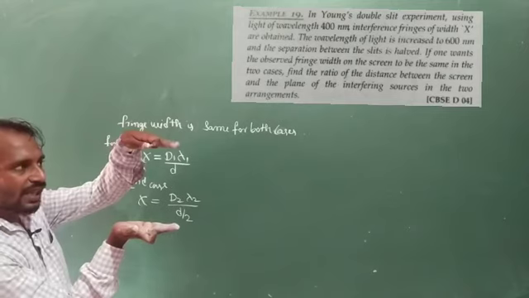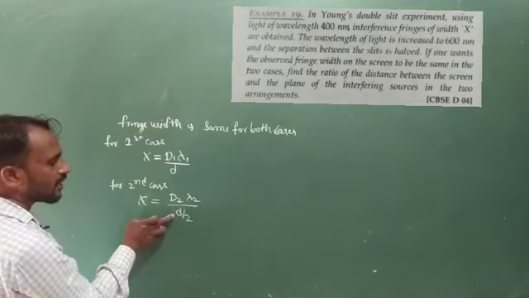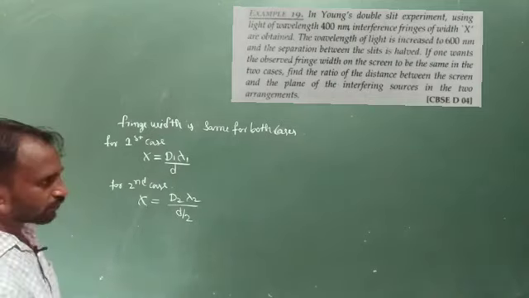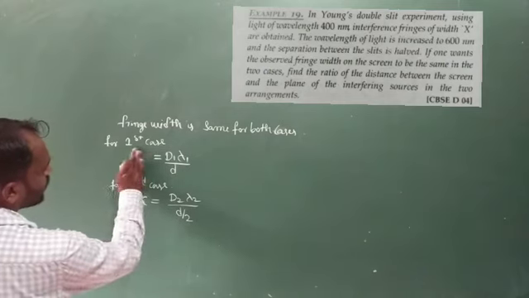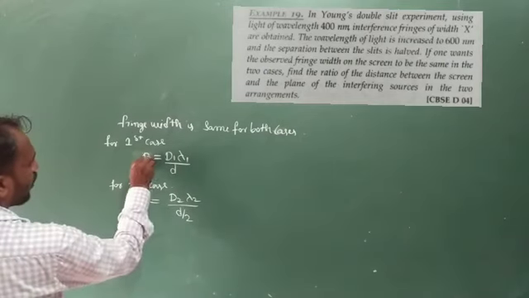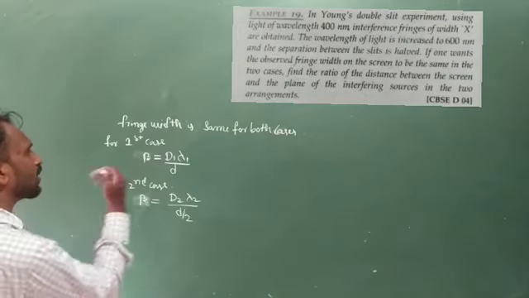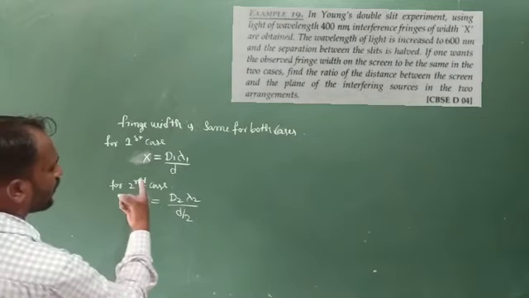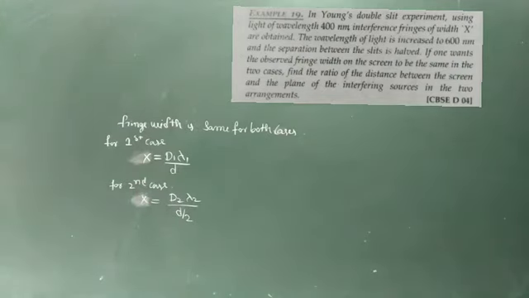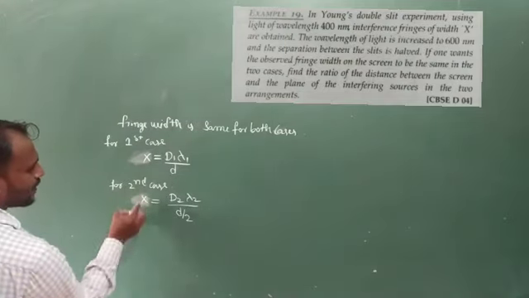In the second case, the distance between the slits decreases exactly to half, so d divided by 2. Both have the same fringe width, beta, and in the question the beta value is x. So both fringe widths are the same, x is equal to x.